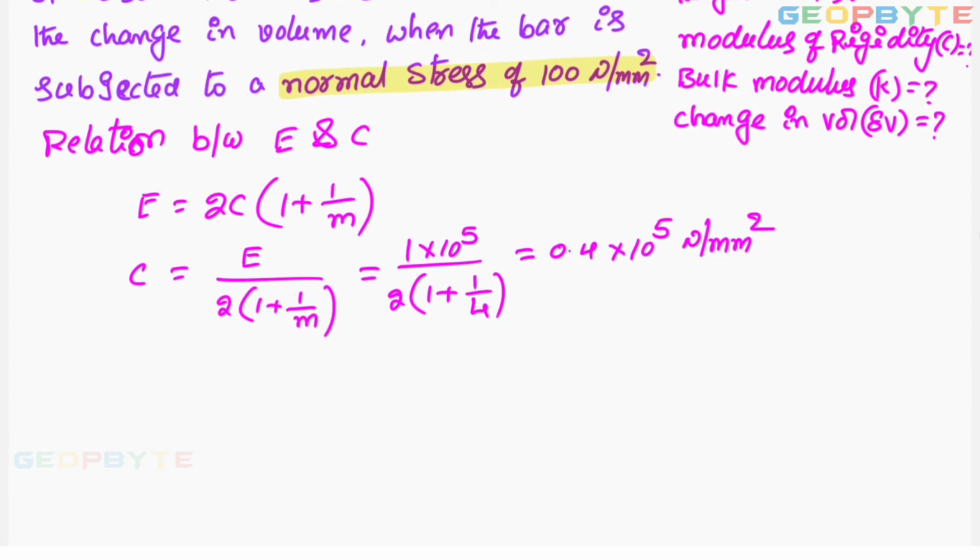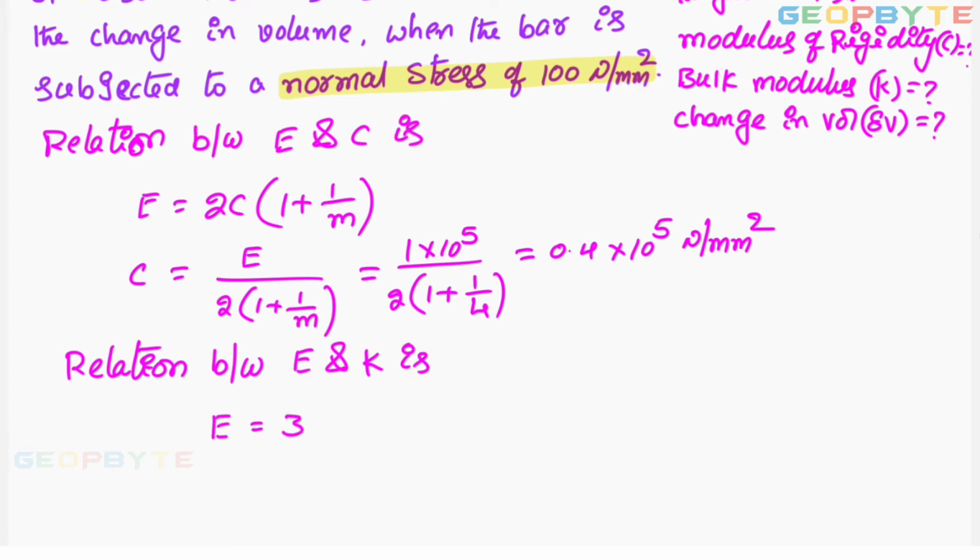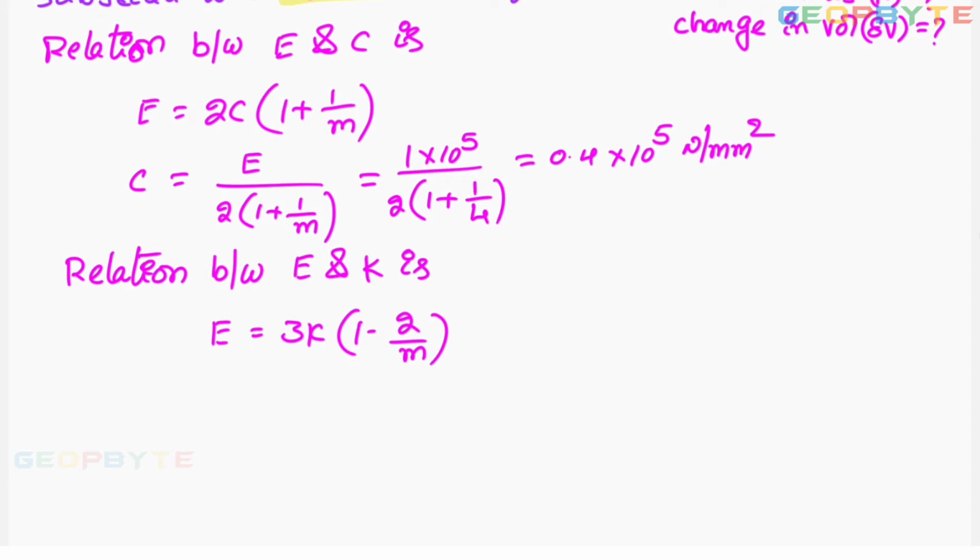Next, one more relation, between Young's modulus and bulk modulus, is E equal to 3K into 1 minus 2 by M. These relations we already discussed.